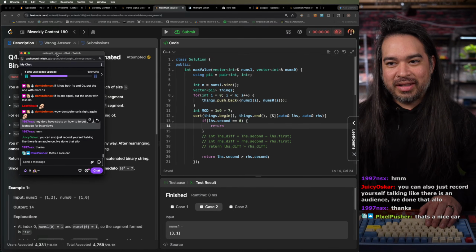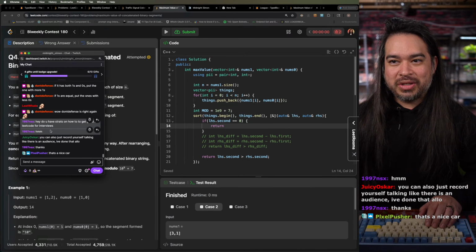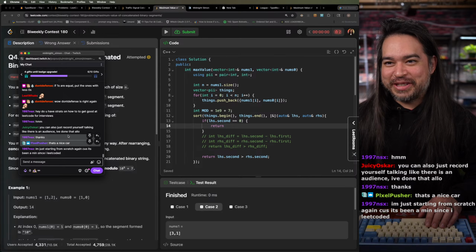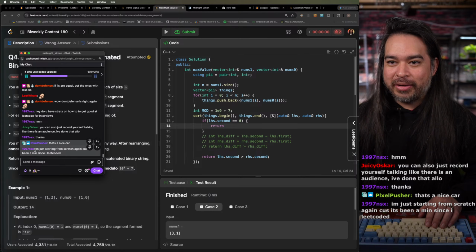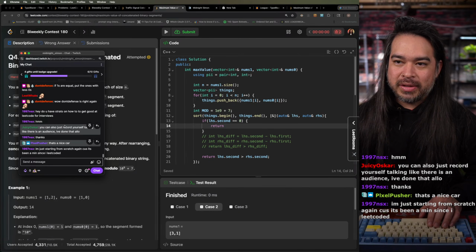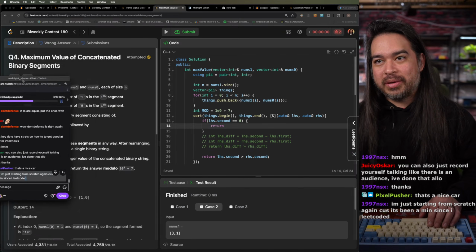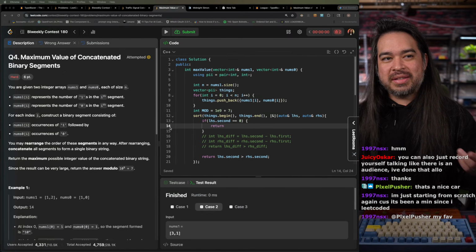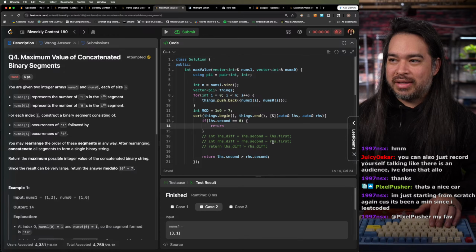But I think Twitch is better for LeetCode streaming. Yeah, that is a nice car for sure. I used to always try and buy them in Gran Turismo. I'm just starting from scratch again because it's been a minute since I LeetCoded. Yeah, well, the second time that you do it should be a lot easier than the first time.